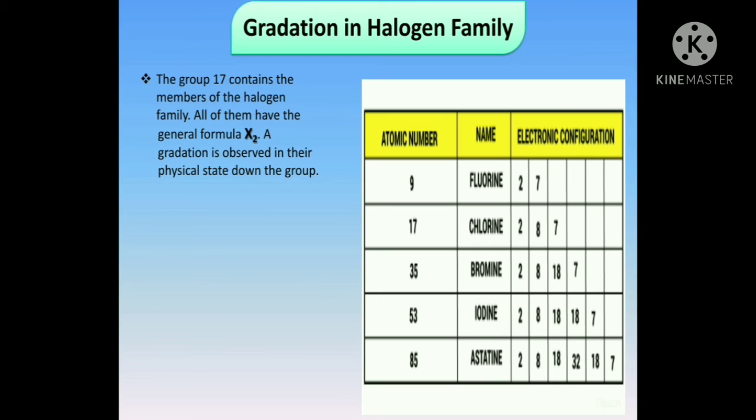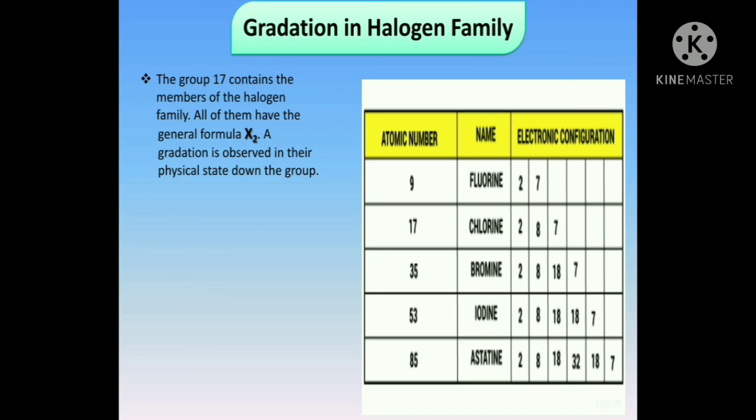A gradation is observed in their physical state down the group. For that, first let us understand the atomic number and electronic configuration. As we go down in a group of halogen family, you will see that the atomic number increases: 9, 17, 35, 53 and 85. Because of that, the number of shells in every element keeps on increasing.